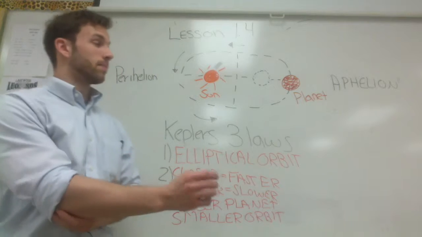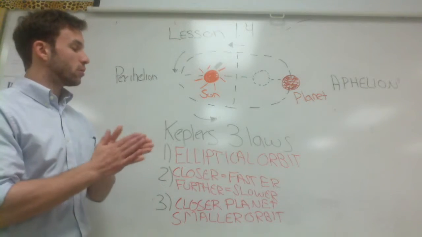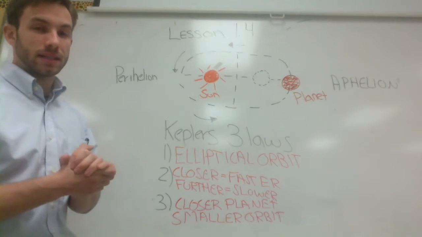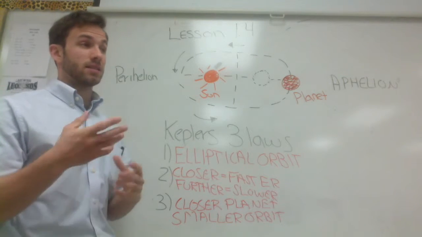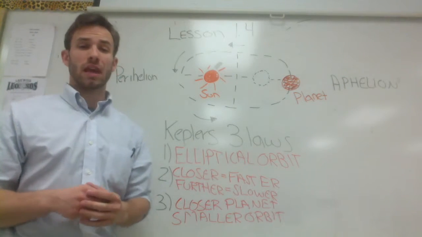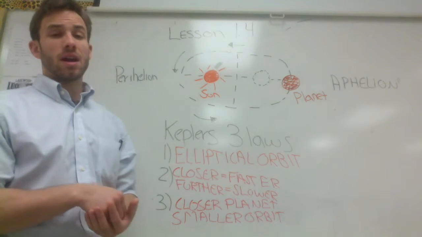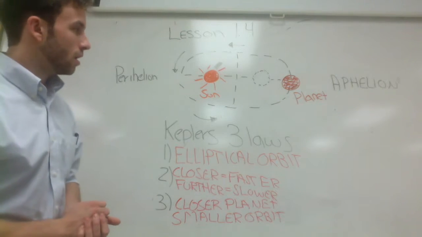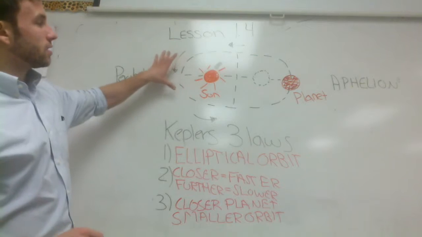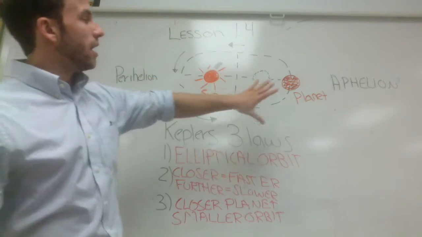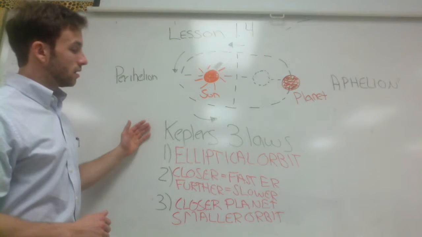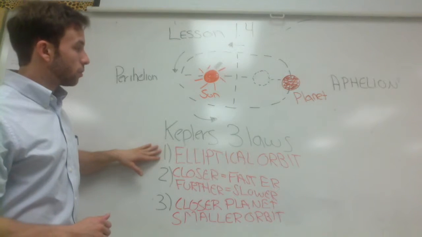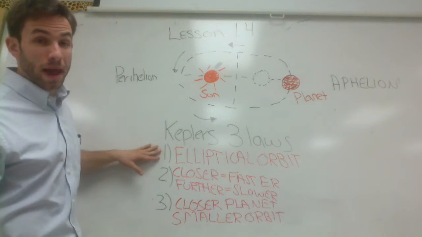Now, Kepler is most famous for his three laws that dictate planetary motion, and this includes satellites in space around Earth, the moon around Earth, and all of the planets around the sun in our solar system. So the idea is, if we look at this orbit, we have our sun and any given planet. His three laws state that the first, all planets go in this elliptical pattern.